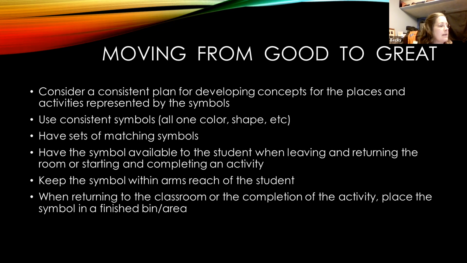So to be consistent, perhaps we want to write a script on the back of the symbol. If we have the bells, and they're going to represent music, and we have them presented on the black, thick poster board, the foam board, on the back of that board we can write the script.